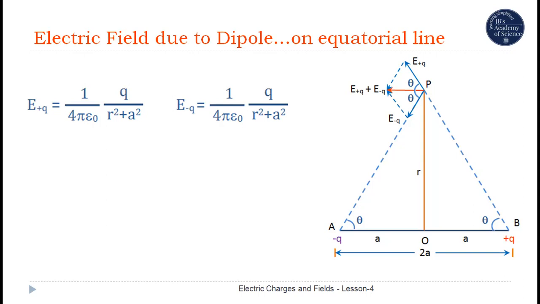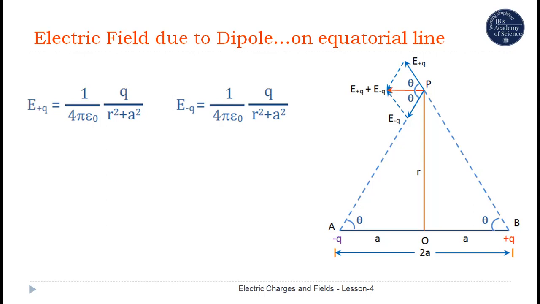Now, again, we can find the resultant of E plus Q and E minus Q. Consider the drawing here. If this angle PAQ is theta, again the angle between the direction of E minus Q and a parallel line to the axis is theta. The angle between E plus Q and E minus Q is 2 theta.